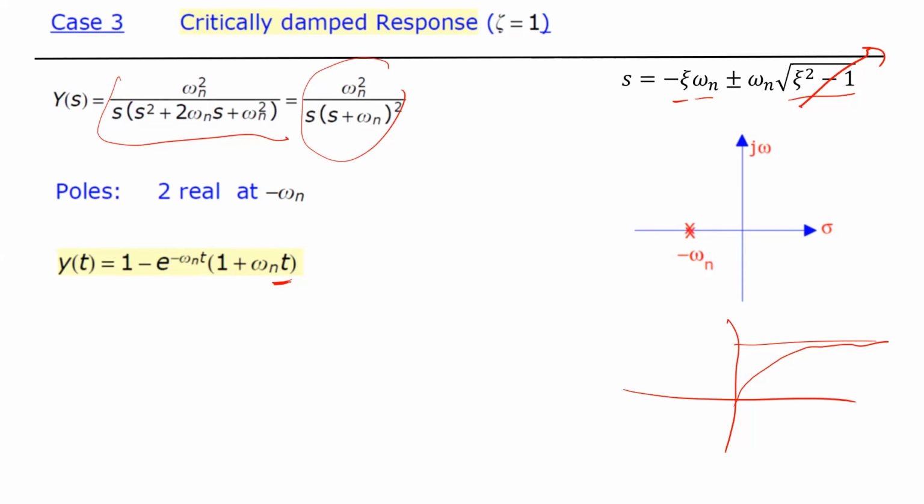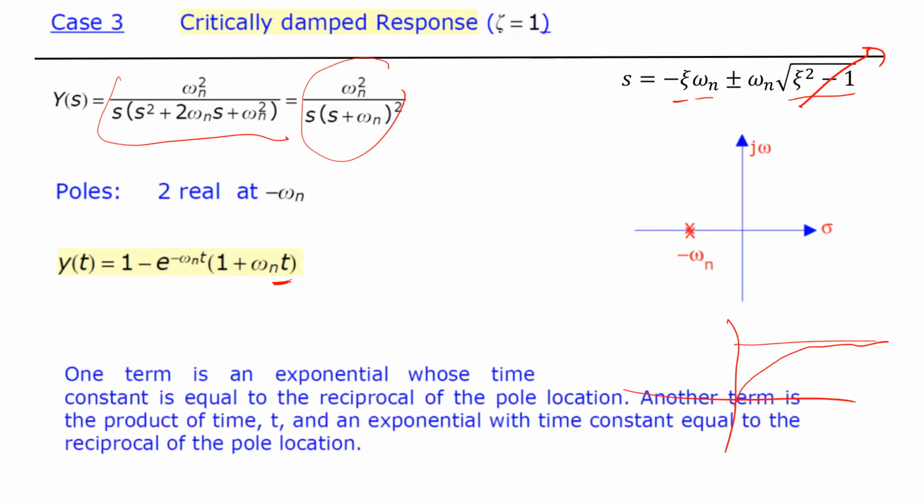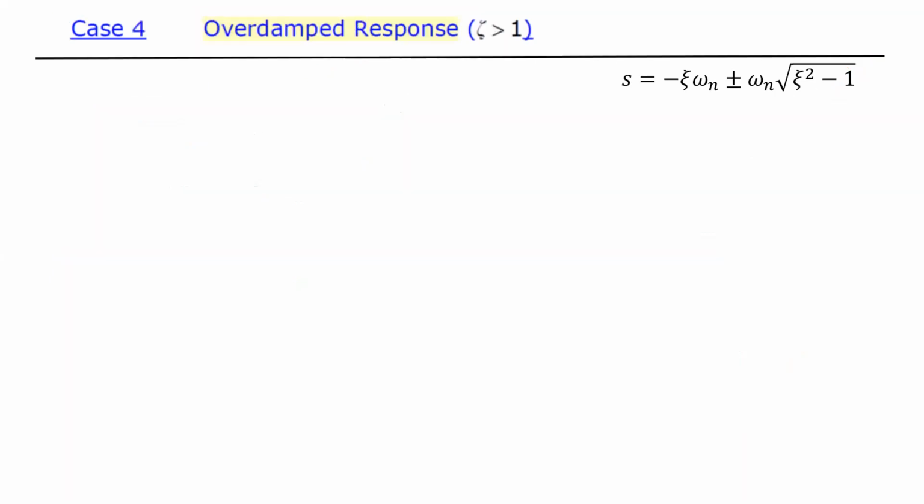Obviously now, we would like to see the last case, which is overdamped, basically zeta greater than 1. If zeta greater than 1, what do we have?